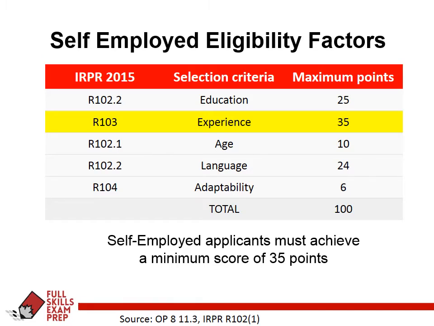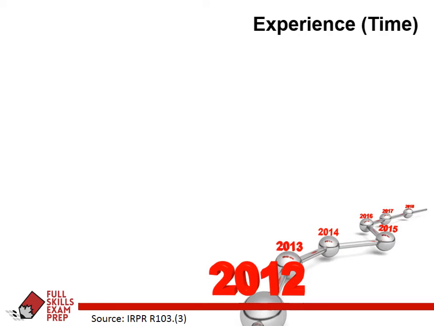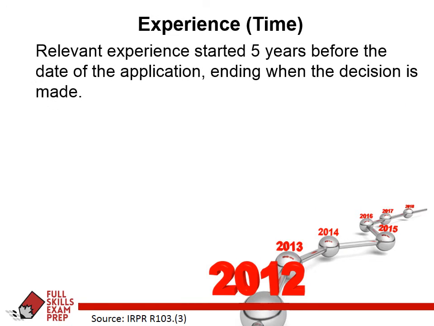Experience is pretty detailed, and I think that this is probably the most complicated part of the self-employed scoring system. But we're here to help you, of course, so we'll go through this really thoroughly. Okay, so just as we talked about in the previous videos, remember that with experience, the relevant experience has to be 5 years before the date of application.